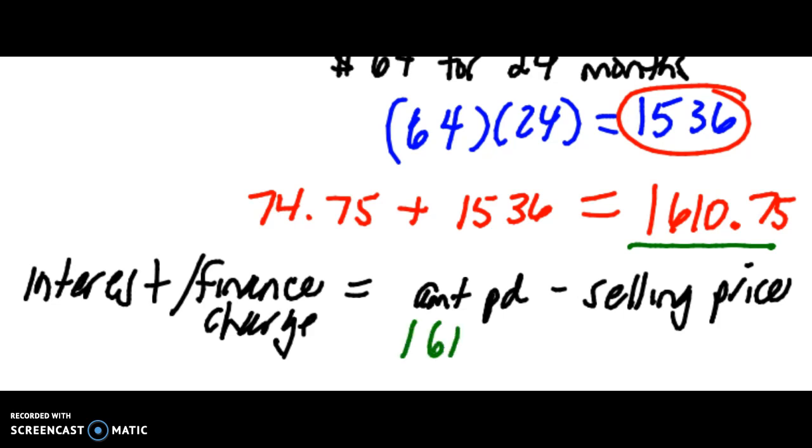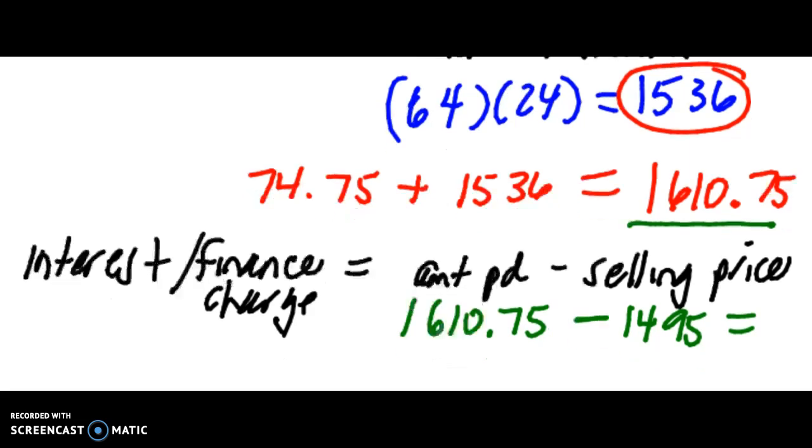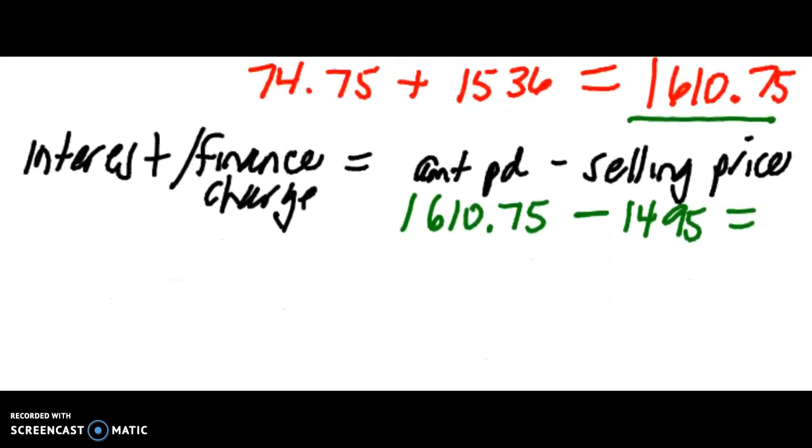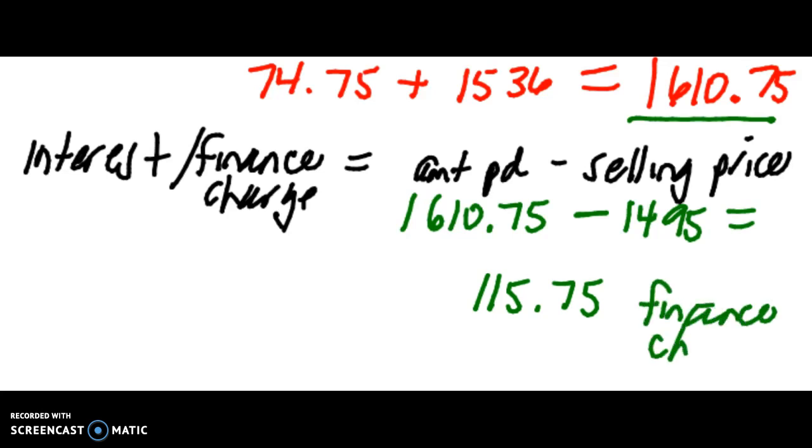So $1,610.75 minus the computer sold for $1,495. And we find that Ilga paid $115.75 as a finance charge, or that is her interest. So this is the answer for part A.